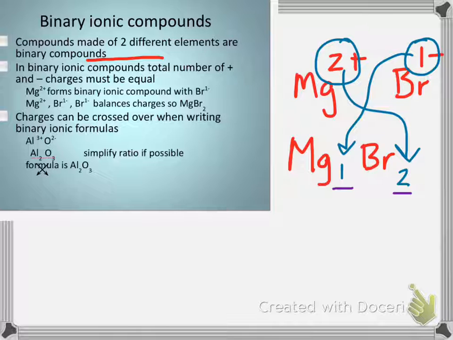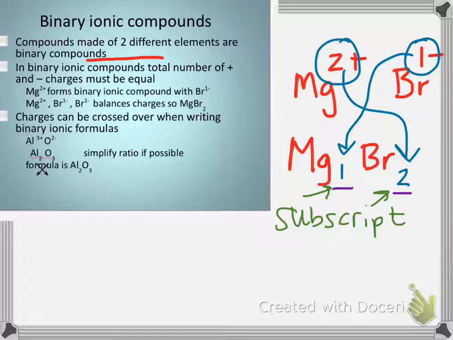Sub means what? Sub means below. Script means to write. These are numbers that are written below. They are subscripts. They are not charges. They do not have a positive or negative sign.